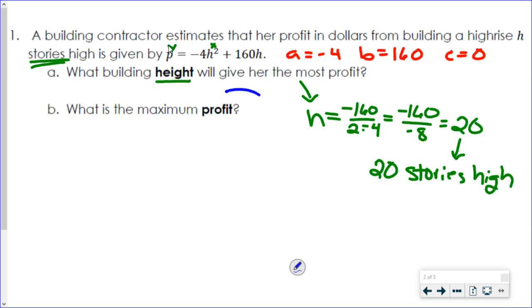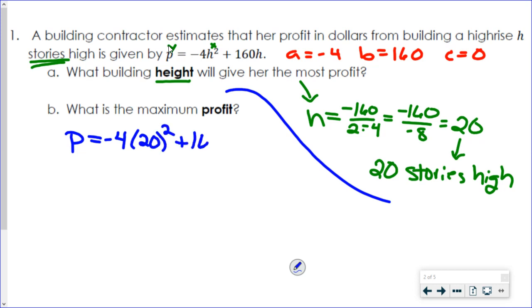Okay, so that's that one. What is the maximum P, profit? That's like the other part of your vertex, x, y. So when x is 20, what is y? But really it's h this time. So maximum profit when h is 20, you're just plugging that number you got here into this equation here.